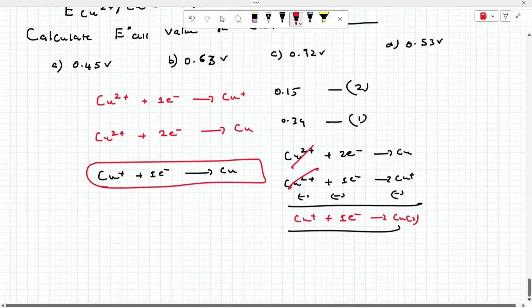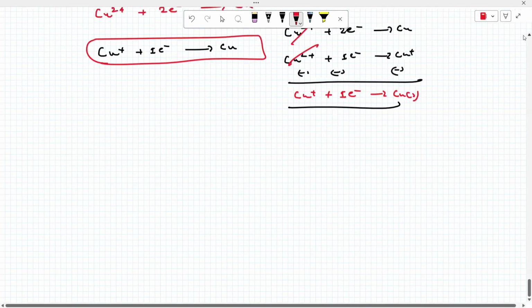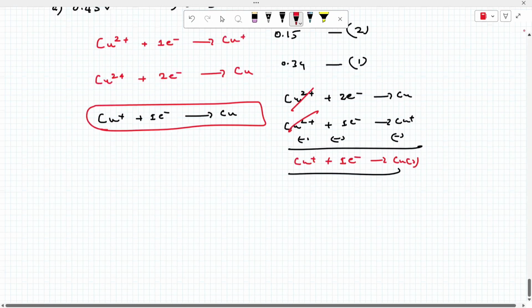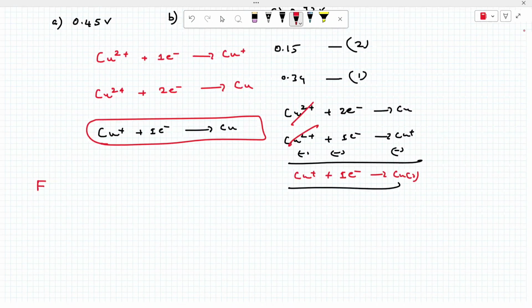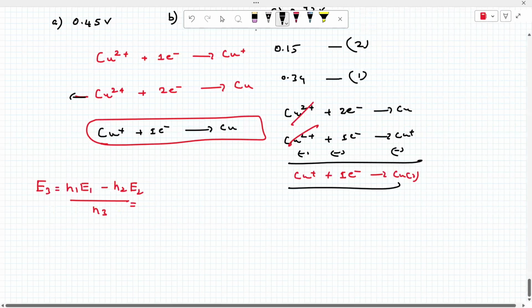What is the formula? E3 is equal to N1 E1 minus N2 E2 by N3. This is very important. I take this as equation 1 with 2 electrons, and this as equation 2.